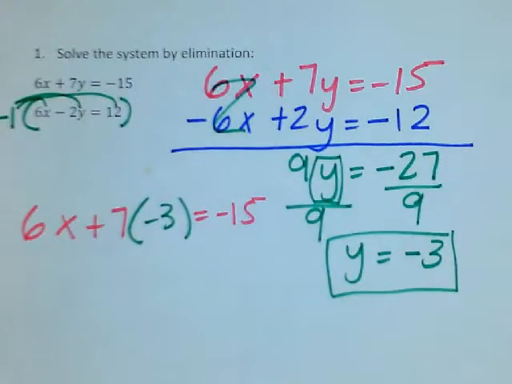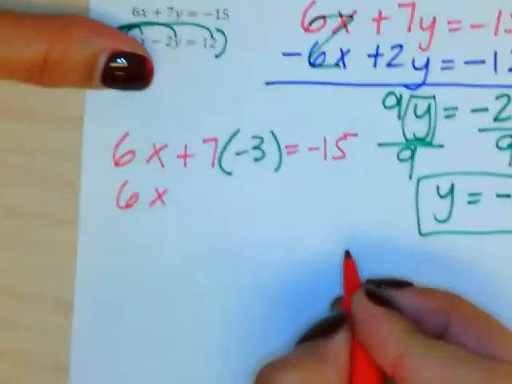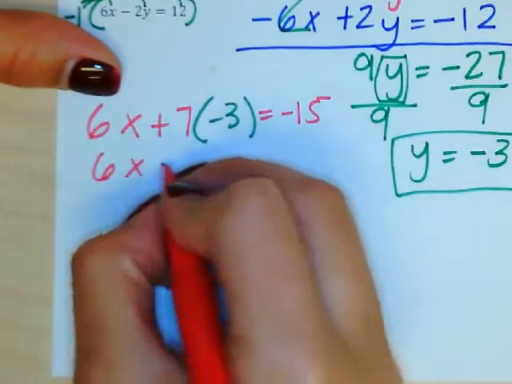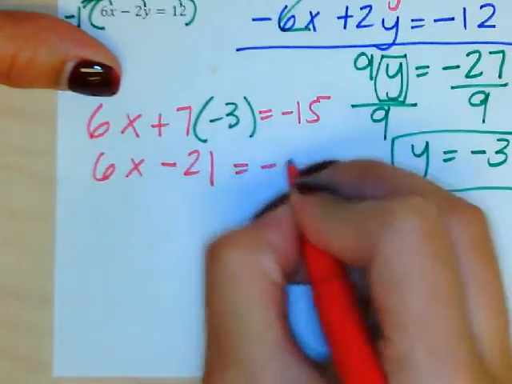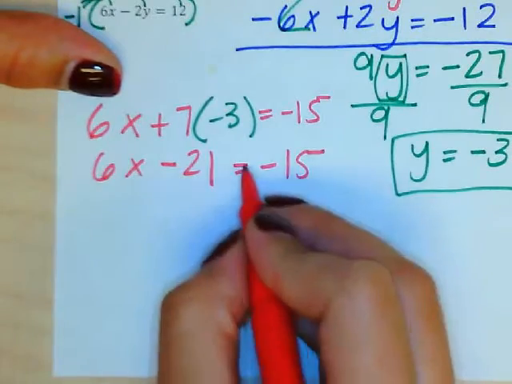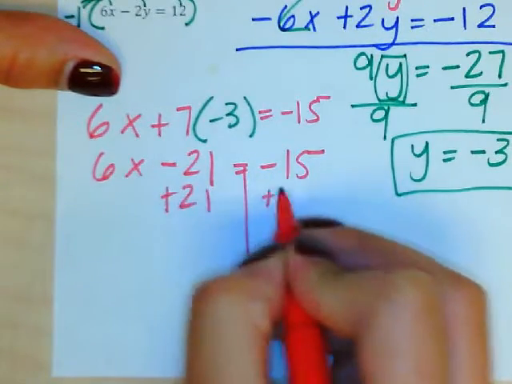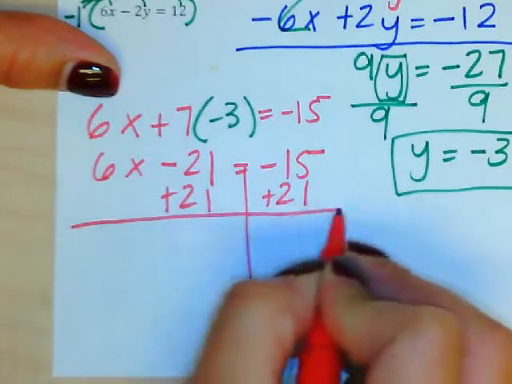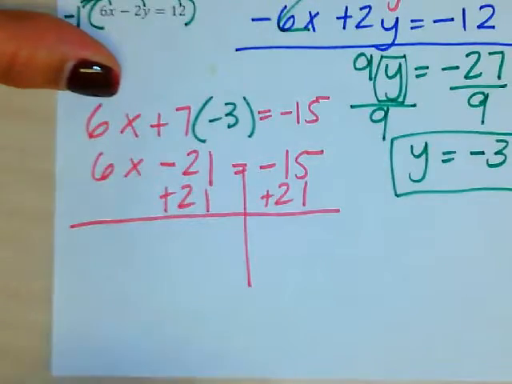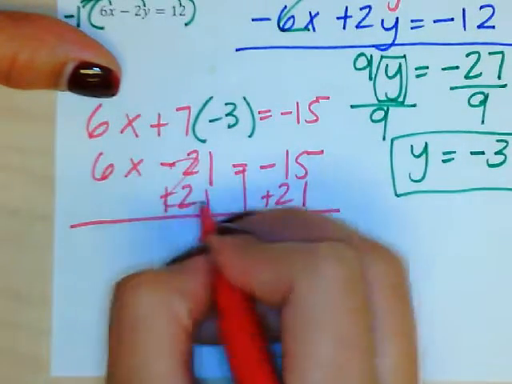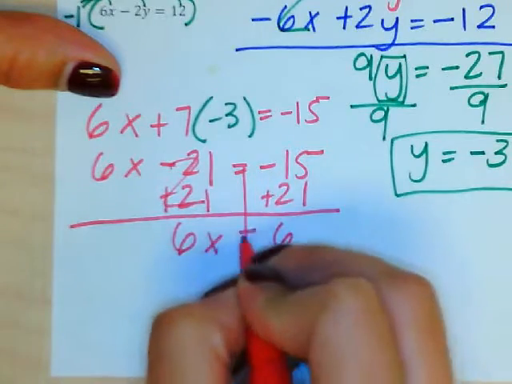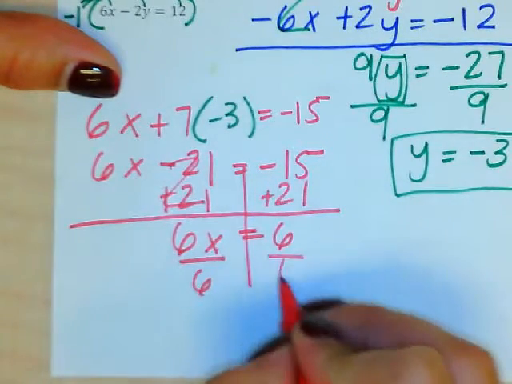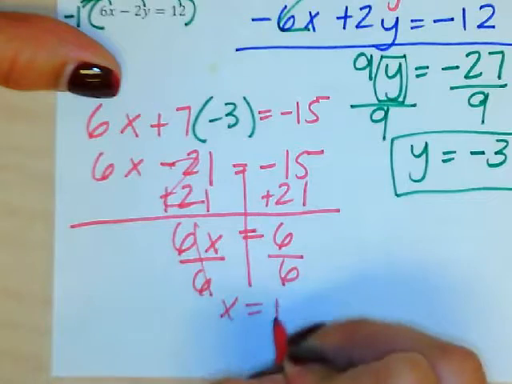And now I'm going to solve for x. So 6x minus 21 equals -15. Plus 21 on both sides. Okay, and that'll be +6. 6x equals 6, divided by 6, x equals 1.